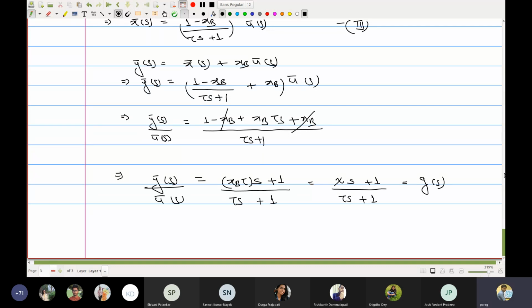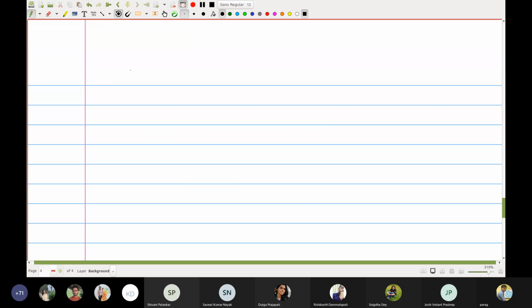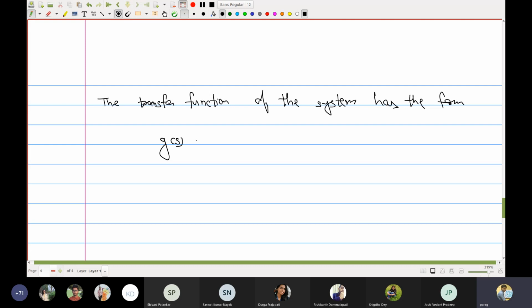Interesting. Fine. So now the transfer function of the system has the form g of s equals psi s plus 1 upon tau s plus 1.